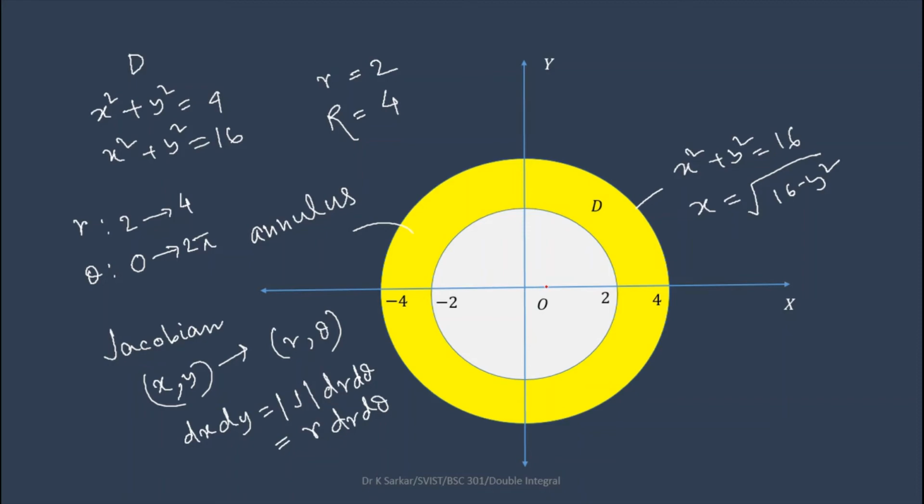Now we see theta varies from 0 to 2 pi, and the limits of r are 2 to 4. How to find the Jacobian I have already discussed in the previous video lectures. Go through those video lectures, you will understand.